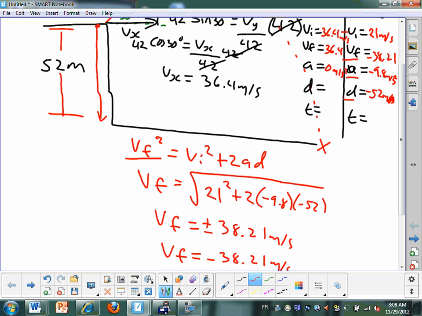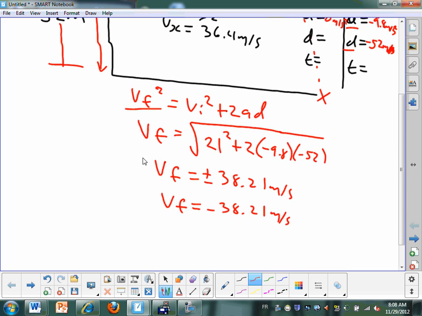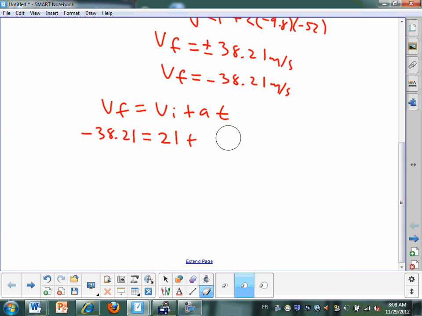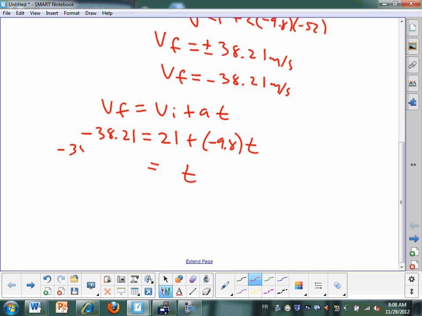From that information, can I find my time? I'll pick Vf equals Vi plus At. My Vf, negative 38.21. My Vi, 21. My A, negative 9.8. And my T is what I'm after. To get T by itself, I take the negative 38.21 minus the 21 and divide by negative 9.8.